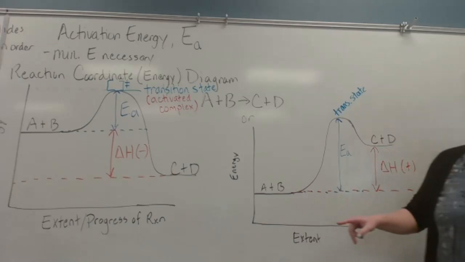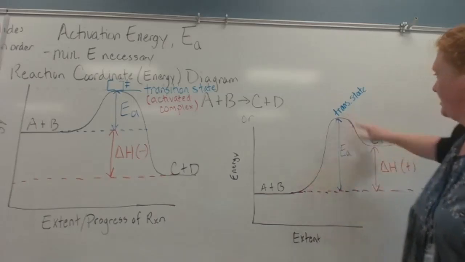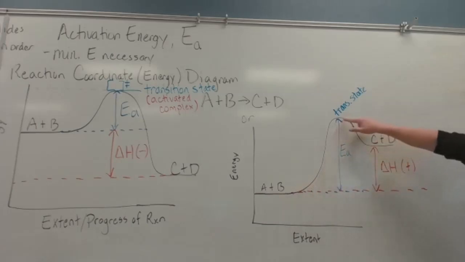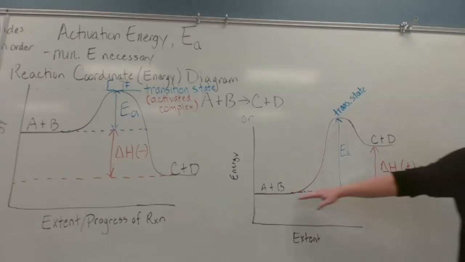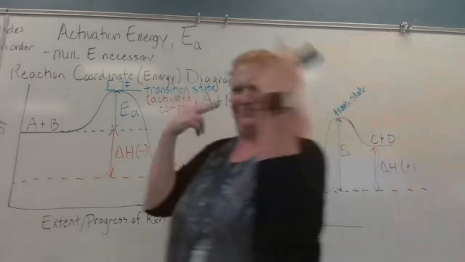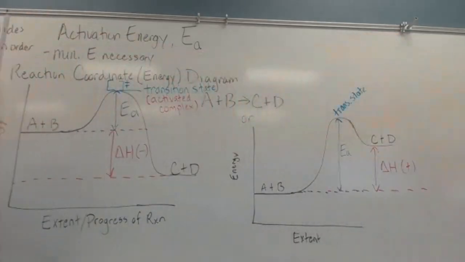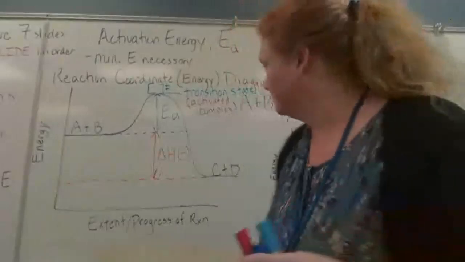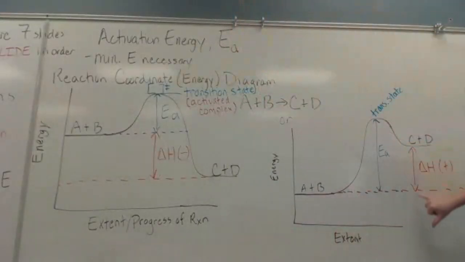Just because you have a big hill, does that mean it has to be endothermic? No, I could have had a big hill and then still dropped down below the original energy level. Don't let that get in your head. If the activation energy is bigger than the enthalpy, it's going to be endothermic?